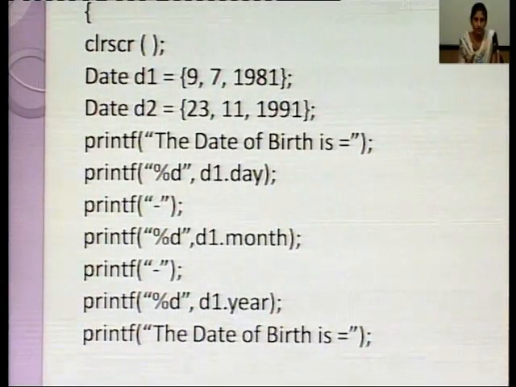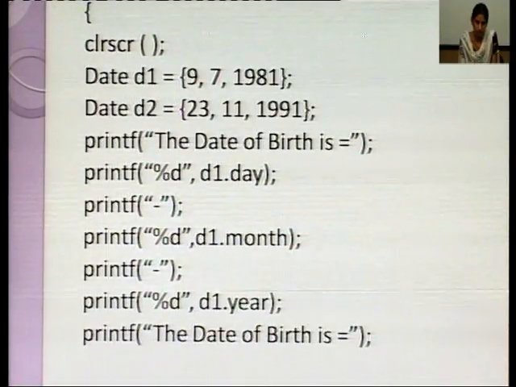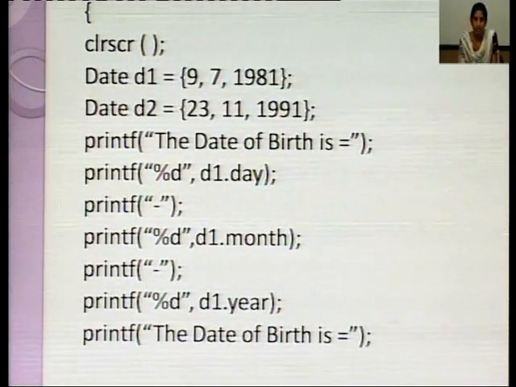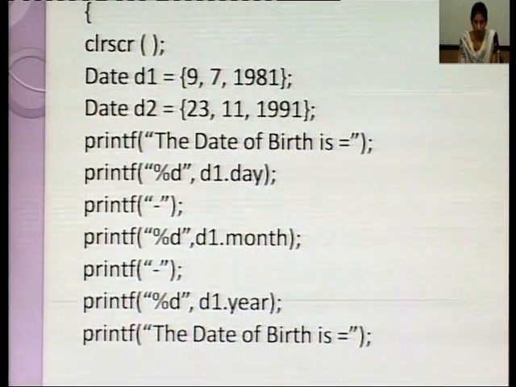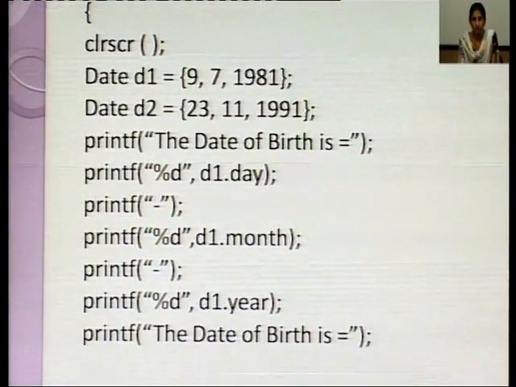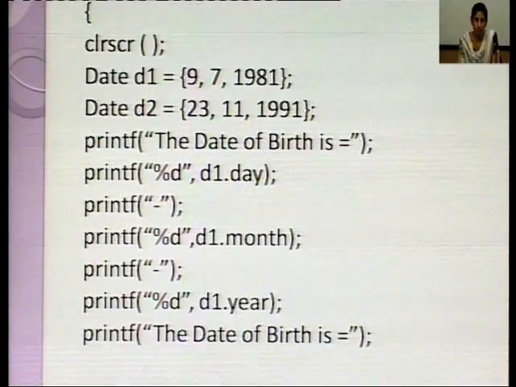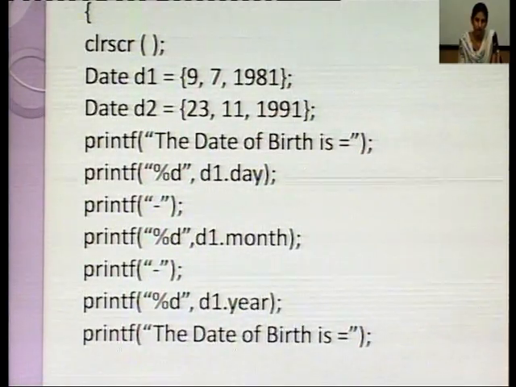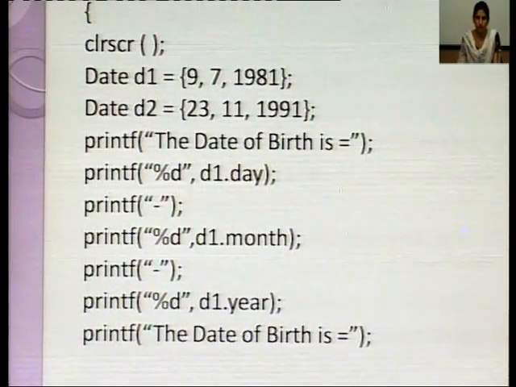It will declare d1 as date 9/7/1981. 9 is for day, 7 represents month, and 1981 represents year of this date. Then date d2, it is also initialization of a structure. D2 is the variable of this structure and 23 represents date, 11 represents month, and 1991 represents the year of this variable.